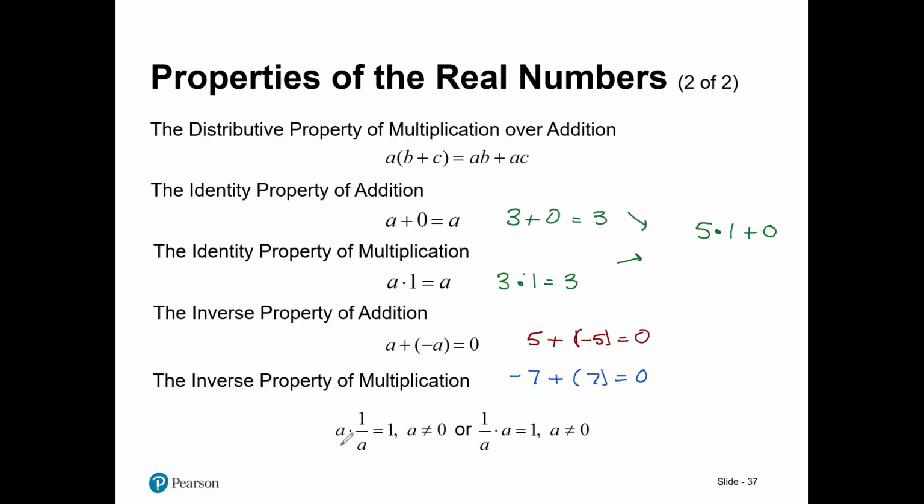The inverse property of multiplication: A times 1 over A is 1, or 1 over A times A is 1. So if I had 6 and I multiply it by 1 over 6, that equals 1. If I had 1 over 6 and I wanted to get 1 back, I just multiply it by 6. There are also the properties that we use when we're trying to solve equations as well.